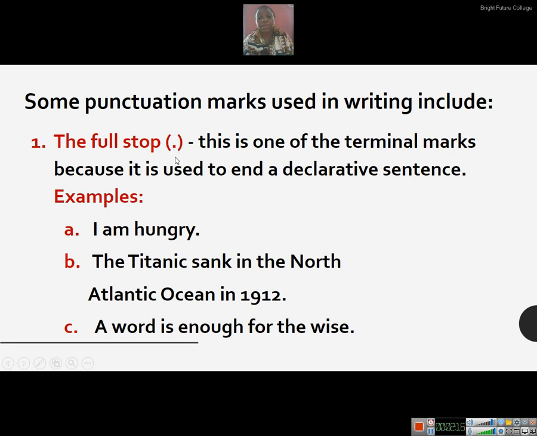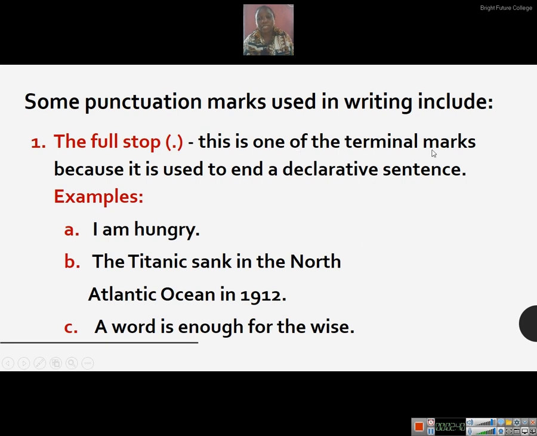We call it a terminal mark because it is used to end a sentence. And the kind of sentence that a full stop is used to end is a declarative sentence. That means a sentence that states a fact, a sentence that says something. So the full stop is used to end a declarative statement or a declarative sentence.